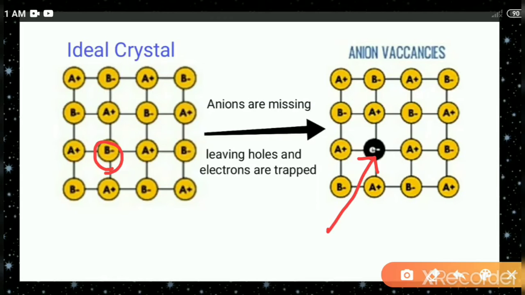You can see an electron is trapped in that hole. So this is called anionic vacancy, meaning a vacancy is developed due to the missing of an anion, and in order to make it electrically neutral, an electron takes that position. Now when you count, the number of A positive ions, that is cations, is greater than the anions. So that is called metal excess.